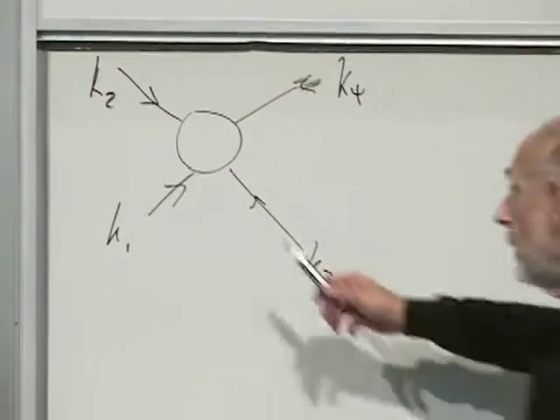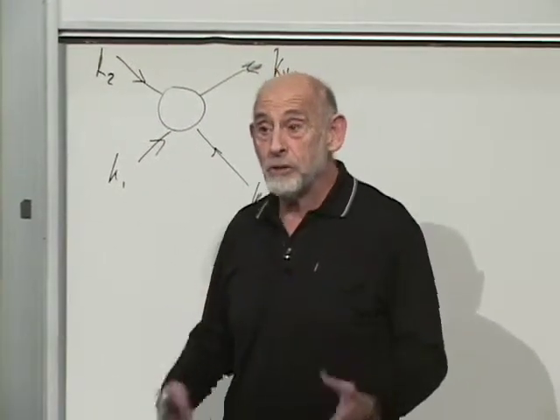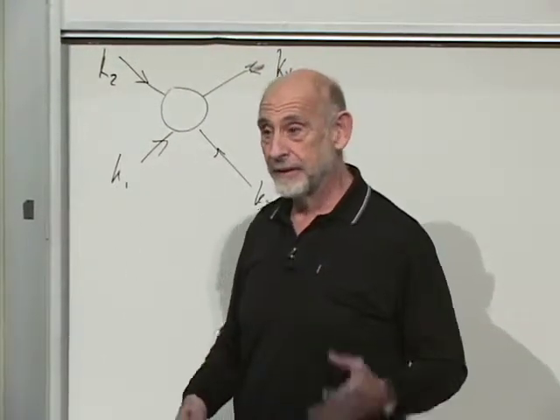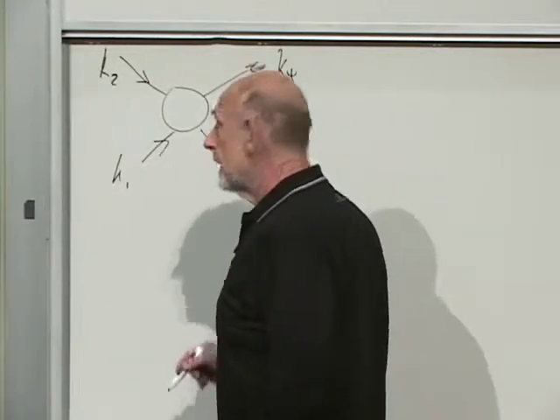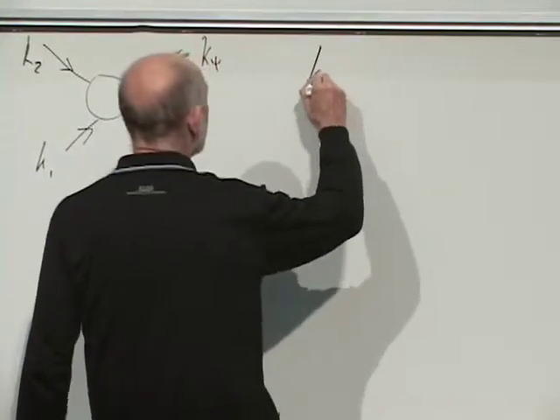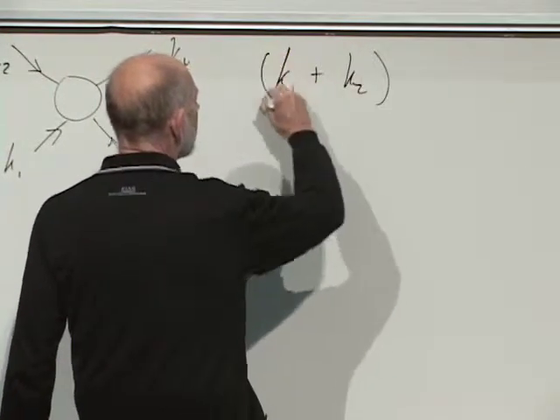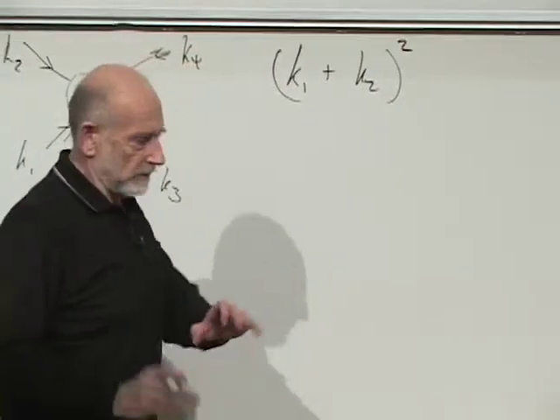But you don't have to be talking about K1 squared or K2 squared. You could be talking about (K1 plus K2) squared, right? That's a good invariant. K1 as a 4-vector. Now remember what that means.